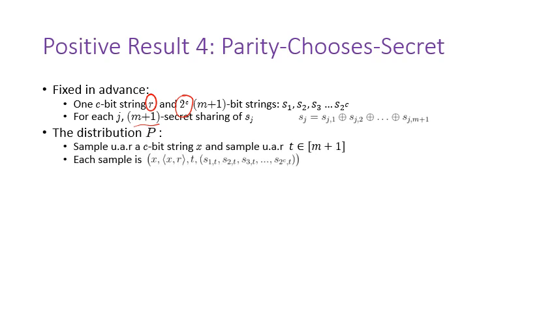The distribution is such that we sample a uniformly at random chosen X, and then we sample a uniformly at random secret share. What we do is we release X and its XOR with the true parity R, and the share of each of the 2 to the c secrets. Our goal, of course, is to find the rth secret.